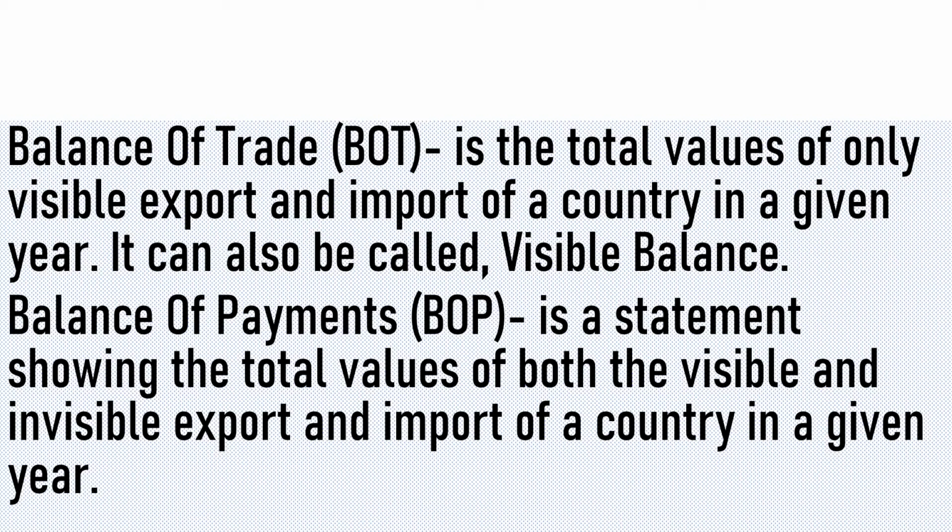Some examples of visible export of Nigeria include cocoa, rubber, crude oil, and so many other examples. While visible imports of this country, Nigeria, include electronics, cars, mobile phones, computers, and so on and so forth.